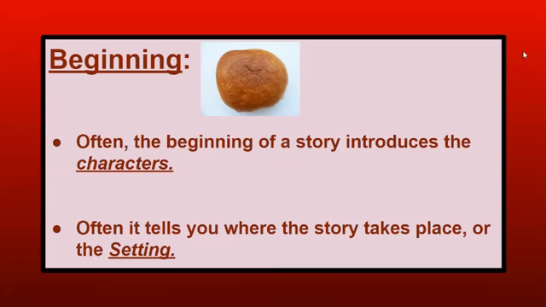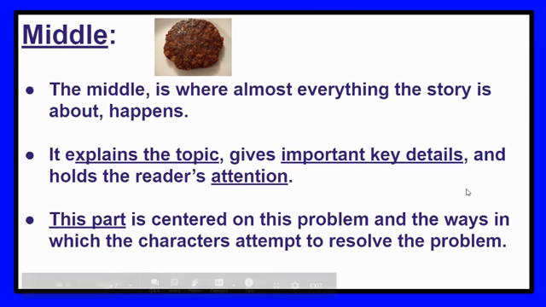So the beginning is where it introduces the story, introduces the characters. It often tells you where the story takes place or the setting, also the when in the story, sometimes, mostly. The middle, that's where we will be getting today in our story. The middle is where almost everything the story is about happens.